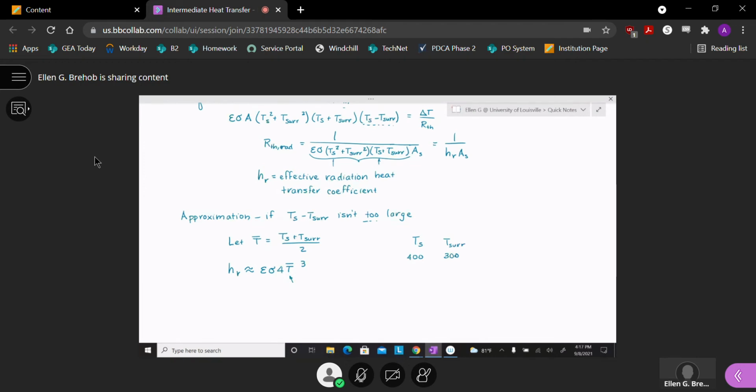And my error, if I calculate h_r using T surface and T surroundings versus using the average of these two, is 2%.